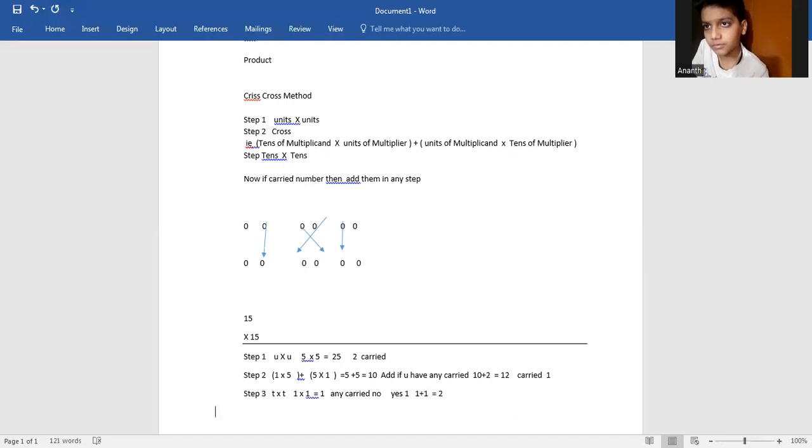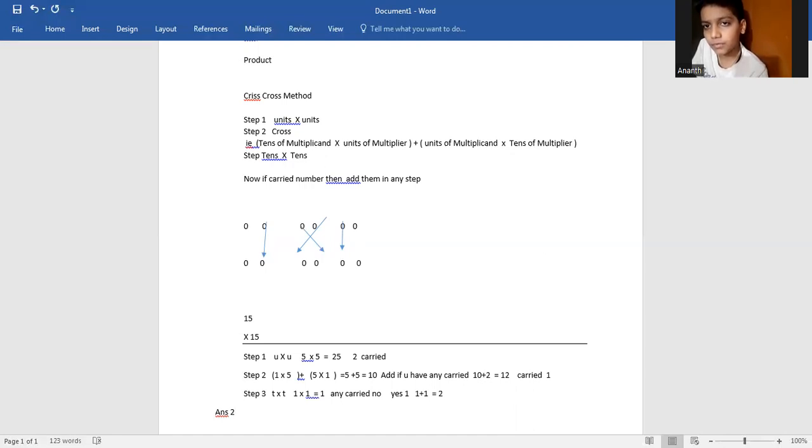Now, answer for this sum is, write the first number, step 3, from bottom to up numbers. Step 3, what is the number? Answer? 2. Step 2, what is the answer? 12. No, we have carried 1. Please be careful. You don't write units and tens. You only write single digit.